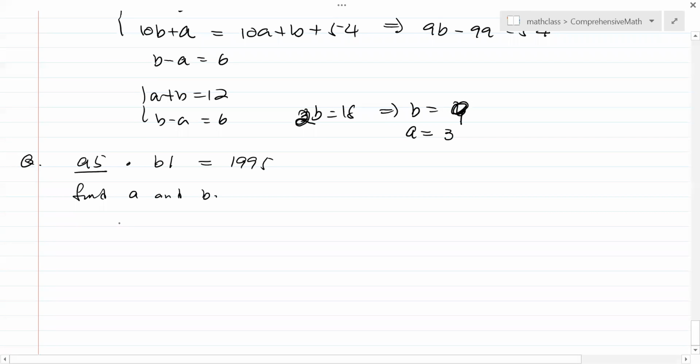If you can factor 1995, you should get a factor whose last digit is 1, then you solve the problem.